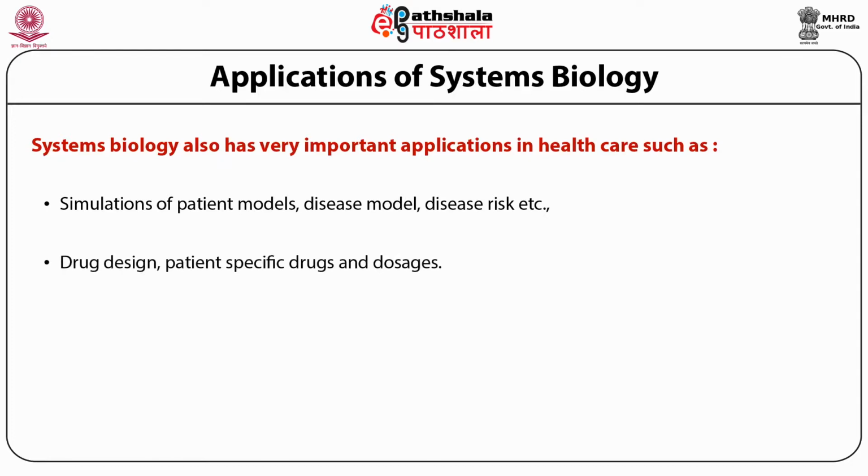Patient-specific drugs and patient-specific dosages of drugs are all possible if you are able to create an appropriate systems model and appropriate simulations which can measure the responses of the models to the drugs that have been introduced. Similarly, it can help to advance regenerative medicine, organ cloning, etc.